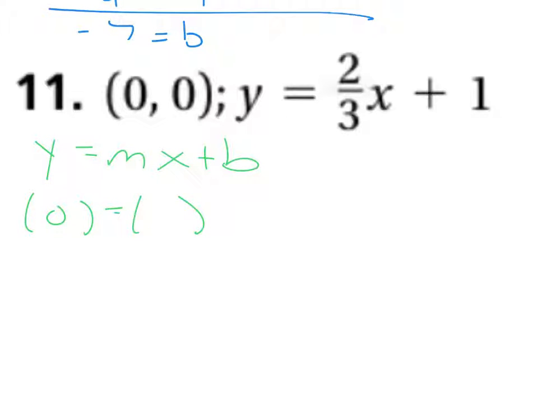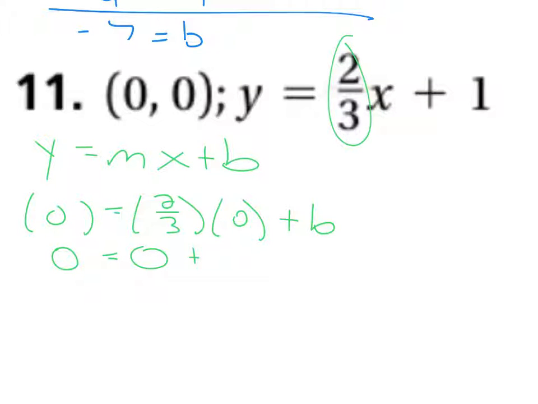We're going to substitute the slope with the slope they have for their line, which is 2/3. And we're going to put in the x-coordinate they give us, 0, plus b. And we find out that 0 equals 0 plus b, or 0 is equal to b.